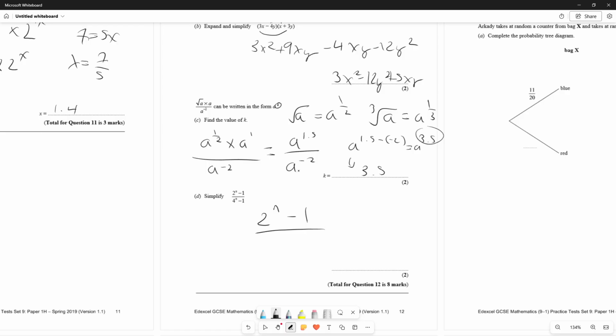Difference of 2 squares is in the form of a plus b and a minus b, where a and b are the roots of their respective term. So let's do it. The root of 4 to the power of n is 2 to the n. And the root of 1 is 1, so plus 1. And we do 2 to the power of n minus 1. And notice we have the same term, so we have 1 over 2 to the n plus 1.